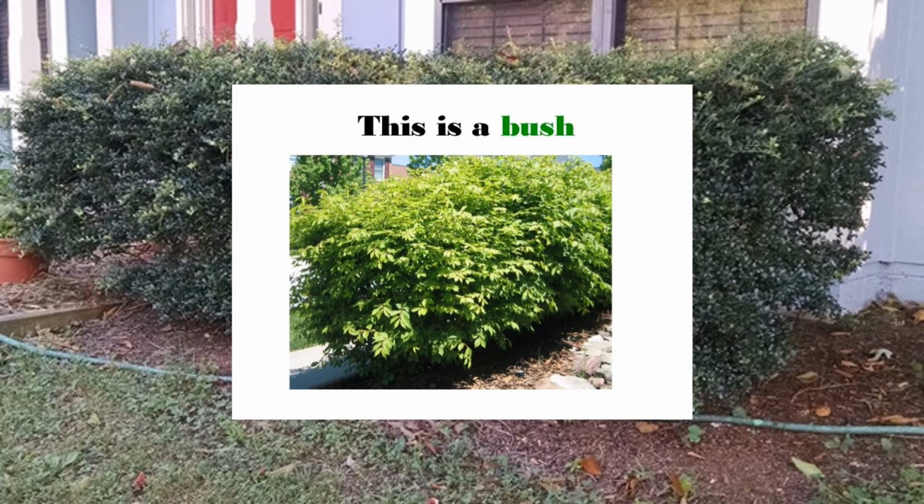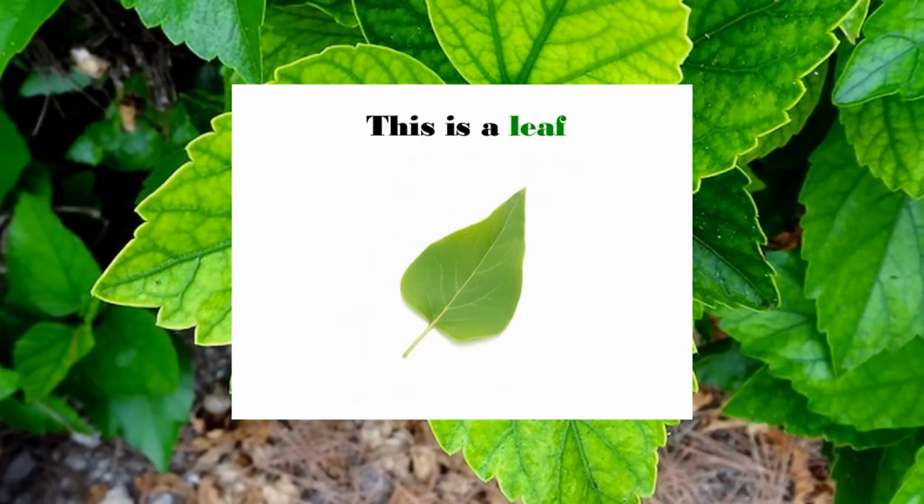This is a bush. So bushes and trees and plants are different. This is a leaf. Leaves grow on trees and bushes and plants.